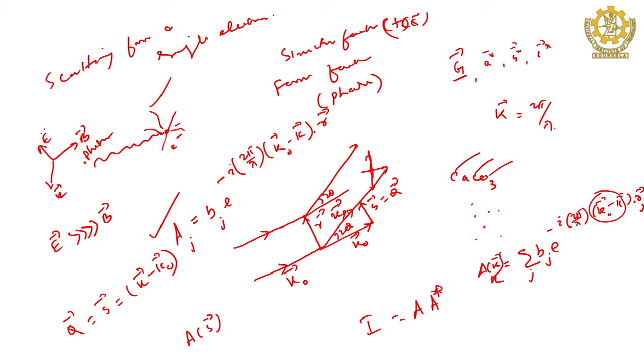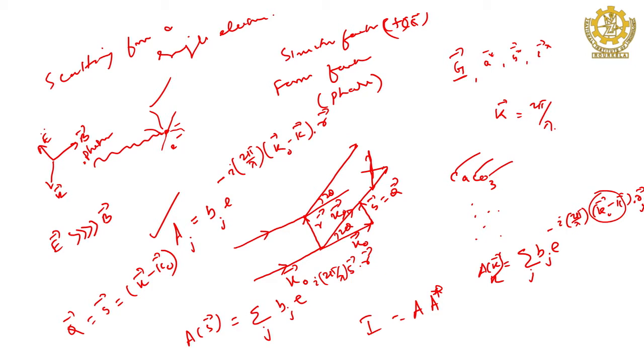Then you can write that as the sum over j of b j times e to the power i twice pi by lambda times S vector dot r vector.